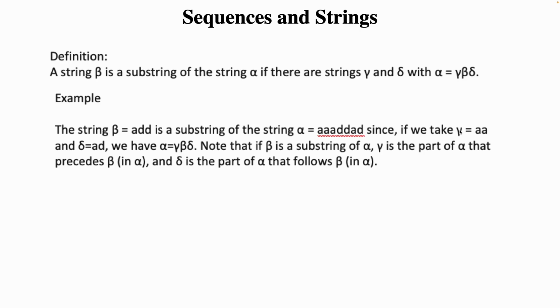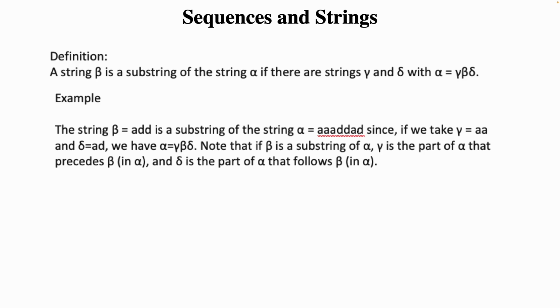Since if we take gamma to be AA, the first 2 letters, and delta to be the last 2, AD, then alpha is written as gamma beta delta. So in other words, the substring is the third A and 2 D's. So we made gamma the first 2 A's and delta the last AD.